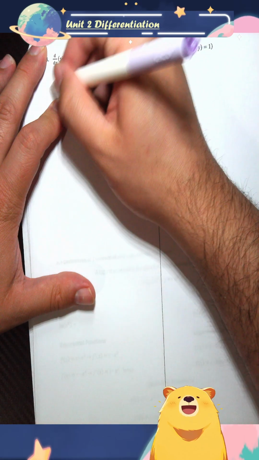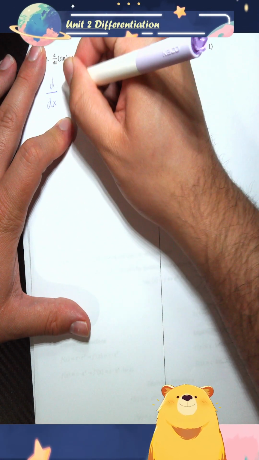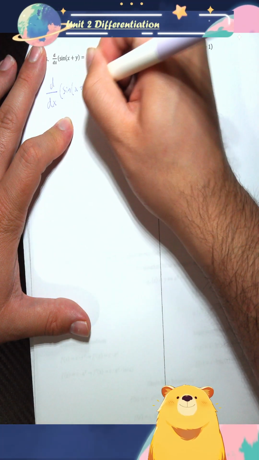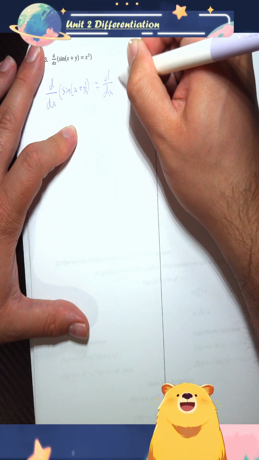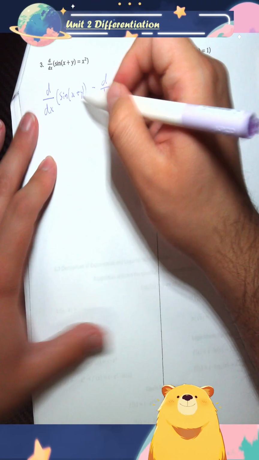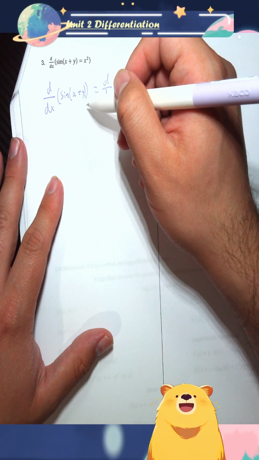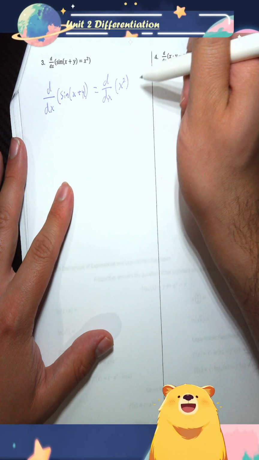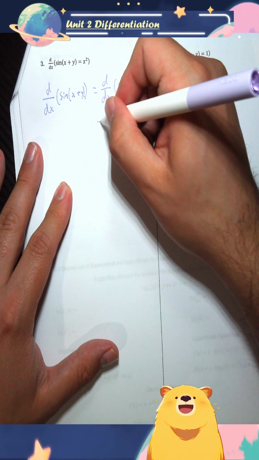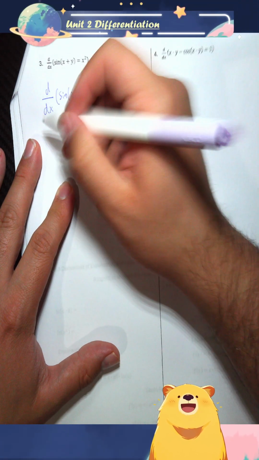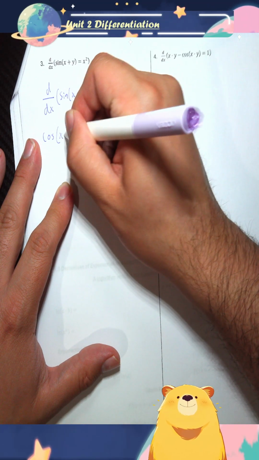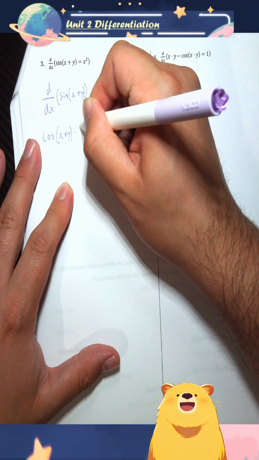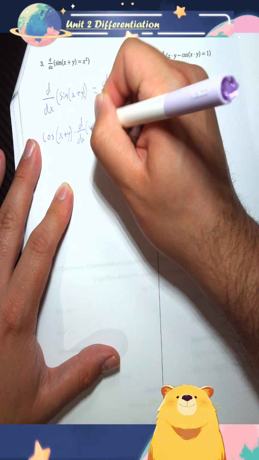So let's go ahead and do this one next. The derivative gets split. It is equal to the derivative of the other side squared. This is going to be a combination of chain rule, and this is going to be just a classic. Actually, we can just already do it. It's 2x. Here, we know that for sine, it's going to be cosine of x plus y, and then times the derivative with respect to x of x plus y.